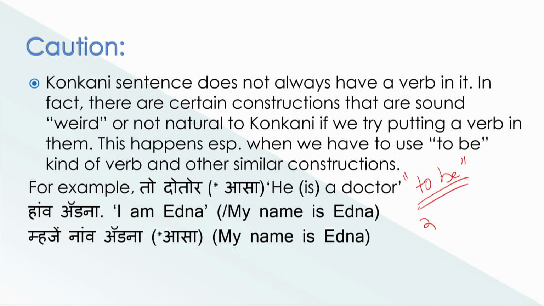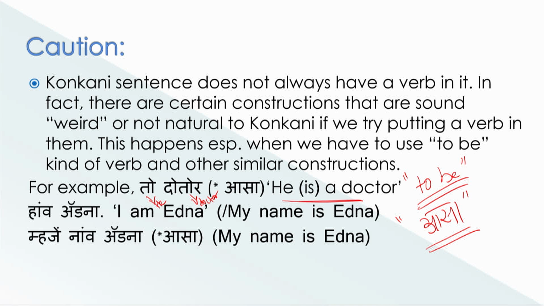In Konkani, we say asa is to be. So for example, if I say he's a doctor, I have to say to dotor. Dotor is doctor. To is he. So literally, if we translate this, it will be he doctor. So we don't say in Konkani to dotor asa, but we say to dotor, or he doctor.